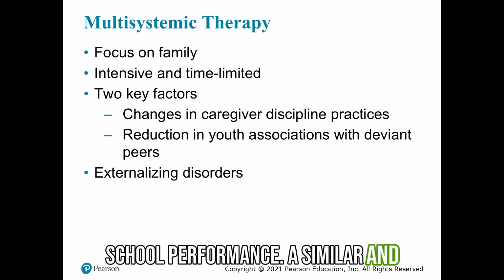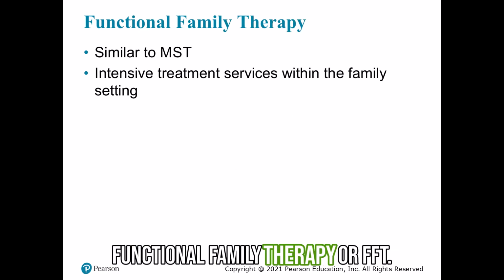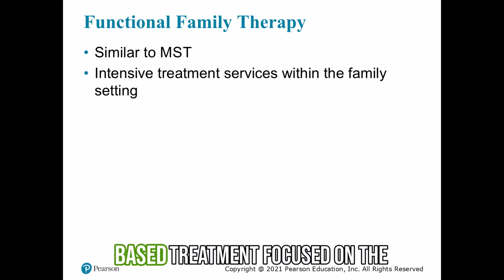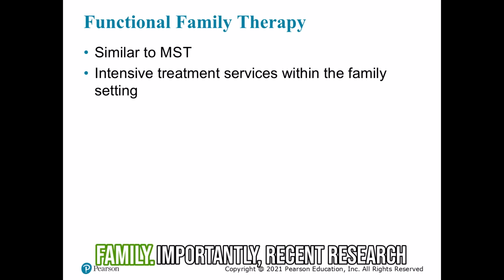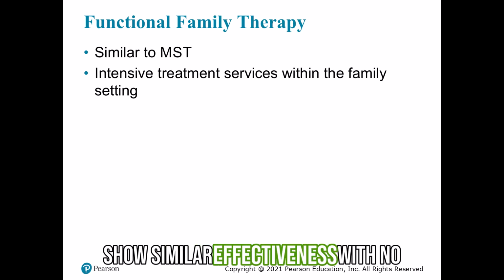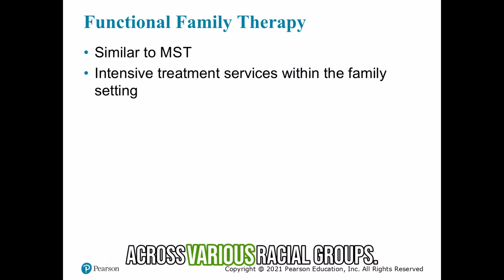A similar and equally effective approach is functional family therapy, or FFT. It's another intensive community-based treatment focused on the family. Importantly, recent research has found that both MST and FFT show similar effectiveness, with no significant differences in outcomes across various racial groups.